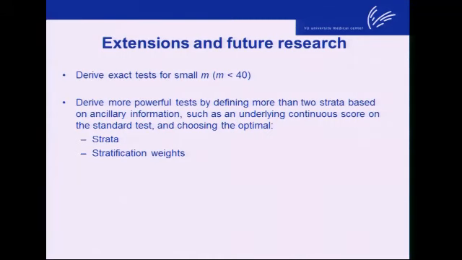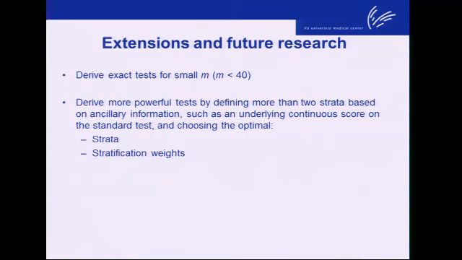In these examples, we only use the dichotomous outcome of the test to select the samples that will receive the new test. But in most cases, this dichotomous outcome is determined on the basis of a continuous outcome that provides more information.